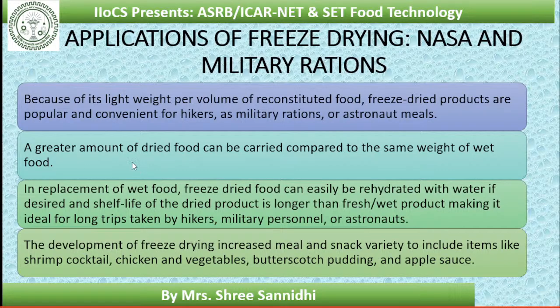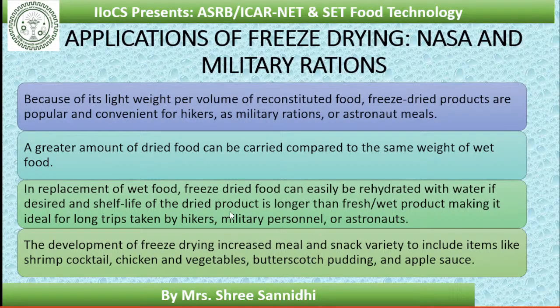A greater amount of dried food can be carried compared to the same weight of wet food. In replacement of wet food, freeze-dried food can easily be rehydrated with water if desired, and shelf life of the dried product is longer than the fresh or wet product, making it ideal for long trips taken by hikers, military personnel or astronauts.